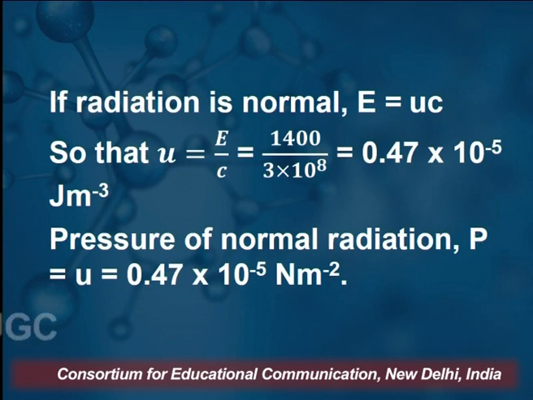The pressure of normal radiation is P equal to u. If it is diffuse radiation, it is P equal to u by 3. Now, we are calculating the pressure of normal radiation. So, P is equal to u is equal to 0.47 into 10 to the power minus 5 Newton per meter square.